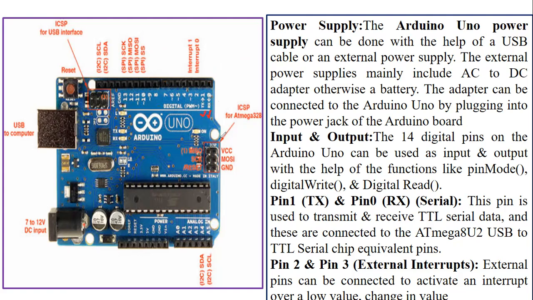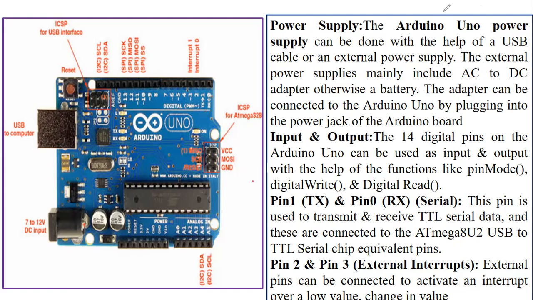So these two pins are used for serial communication, or we can say used to transmit and receive serial data. Now pin number 2 and pin number 3, these are the external interrupts.